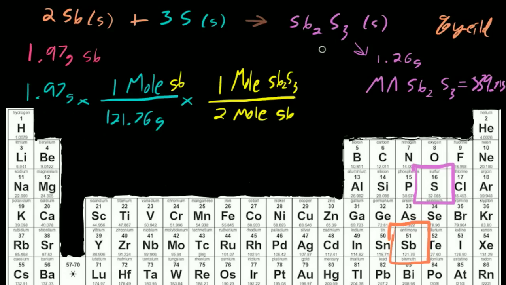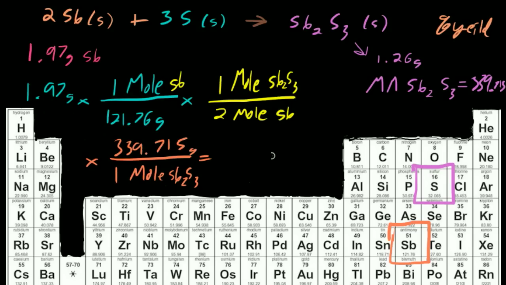Then let's figure out how many grams that would be. 1 mole of Sb2S3 is going to give us 339.715 grams. And how much is that going to be?